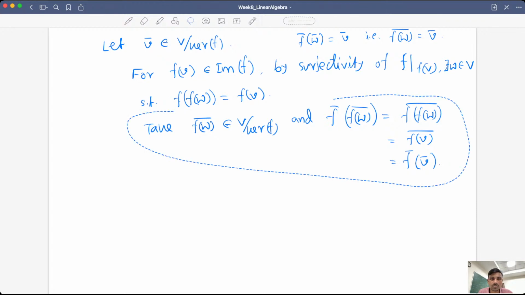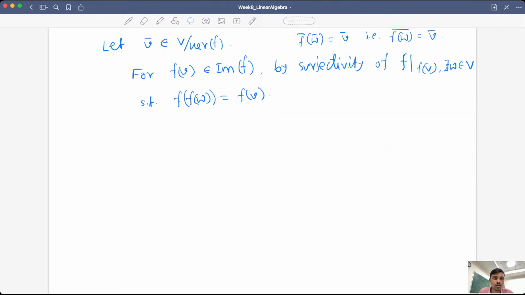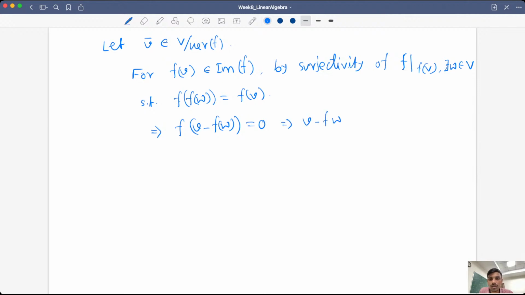W should be my pre-image. So from here it is easy to see that, then I can say that f of v minus f of w equals 0 simply by linearity of f. And this 0 means that v minus w belongs to kernel f.